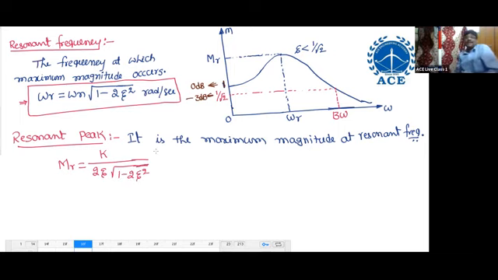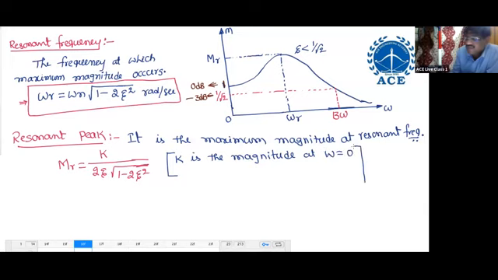By default K is 1. Did you observe here? K is the magnitude at omega equal to 0. Sometimes they don't give 1. That's why K is the magnitude at omega equal to 0. At omega 0, what is the magnitude here? 1.